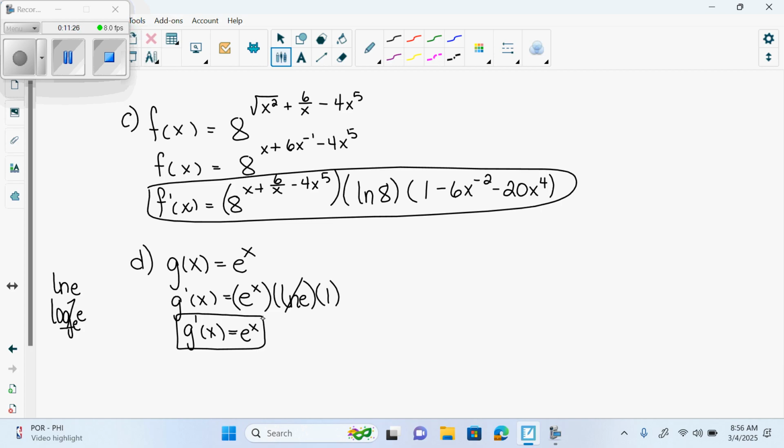E, if I give you, let's say, g of s. Everyone loves s because it looks like 5, so this is what I do to challenge the people who are messy. Negative e to the s squared minus 4s plus 6.